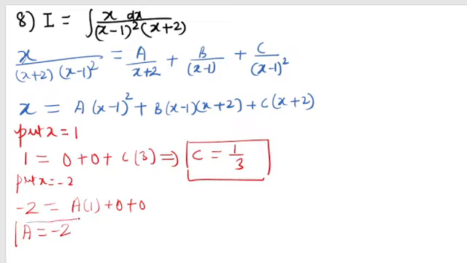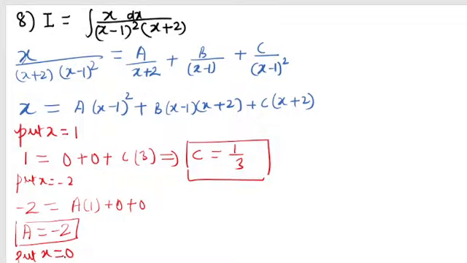We need to find just one more term. Here we have two types of factors, x minus 1 and x plus 2, so we cannot do anything else. Lastly we can put x equal to 0.